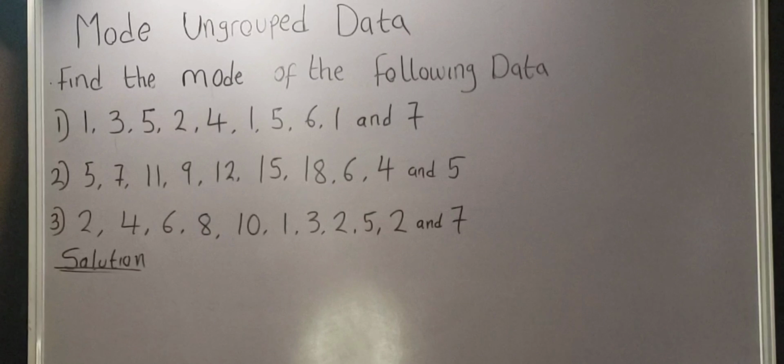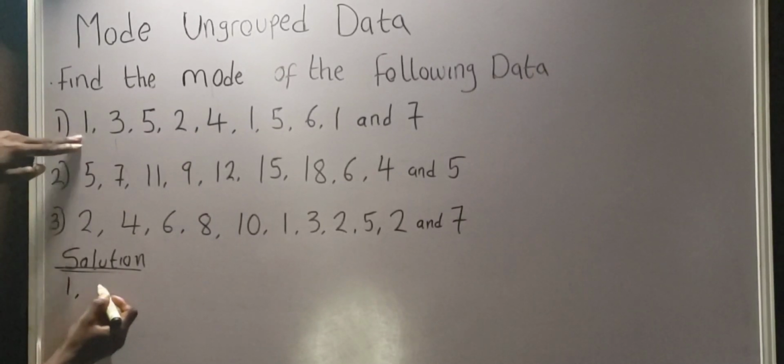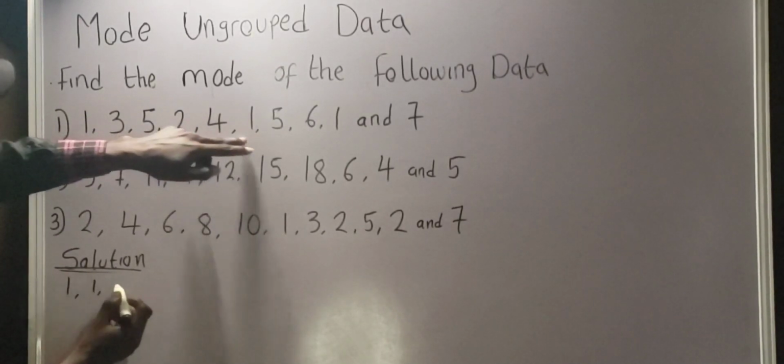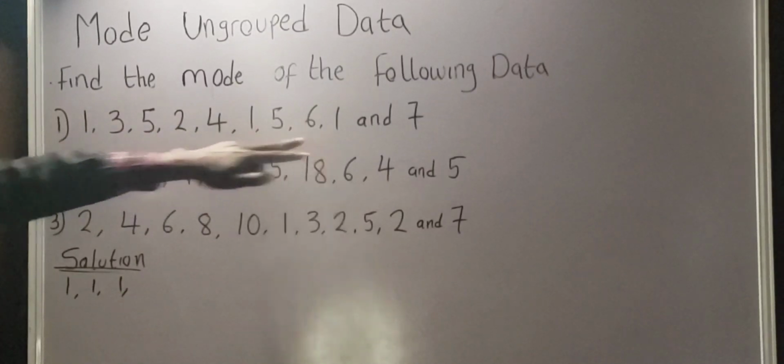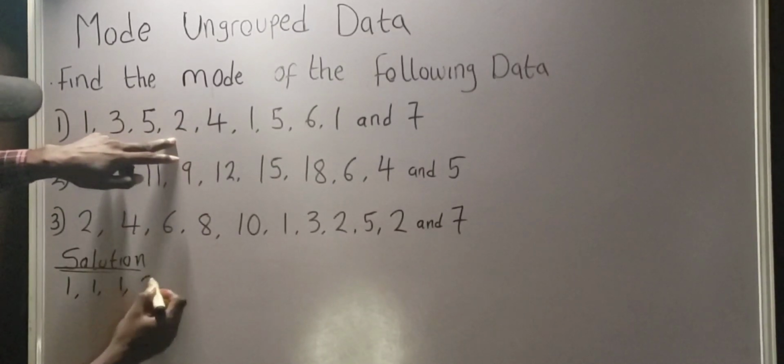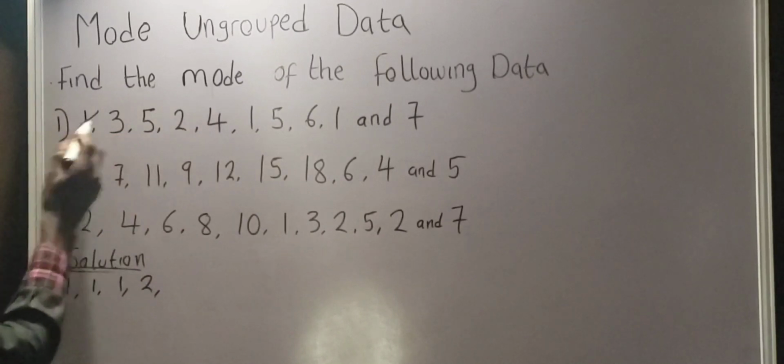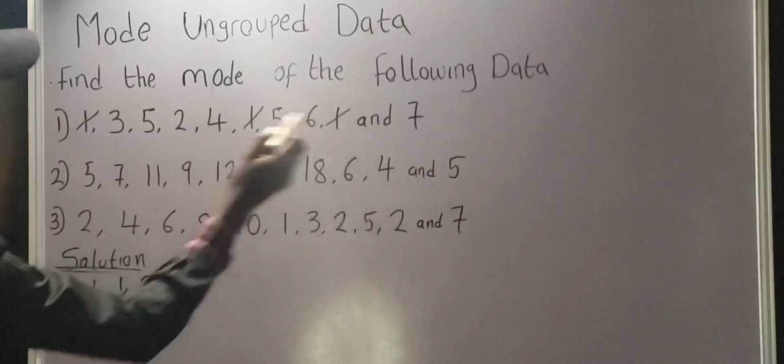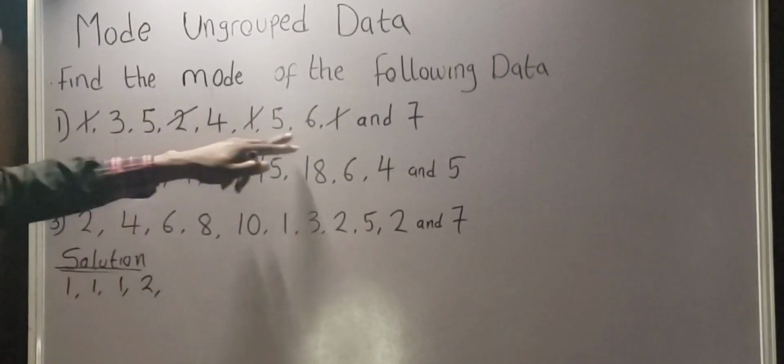To make it easier to determine the mode, let's arrange our data set in an ascending order. Are you getting it? So I'm going to have 1 for the first one. Another one is here. Another one is here. Then I have 2. Let me cancel the ones that I've already written. Then I've already written 2 also.